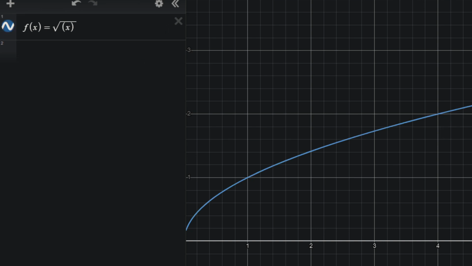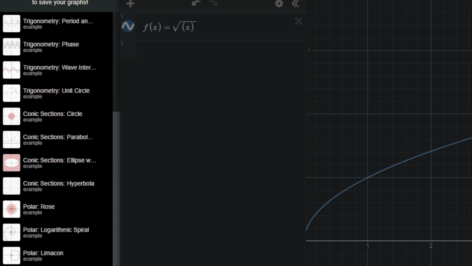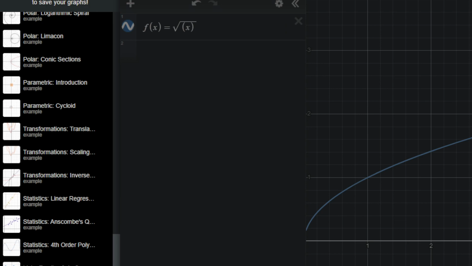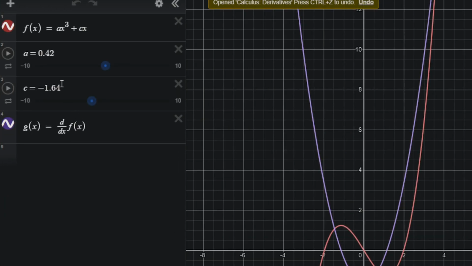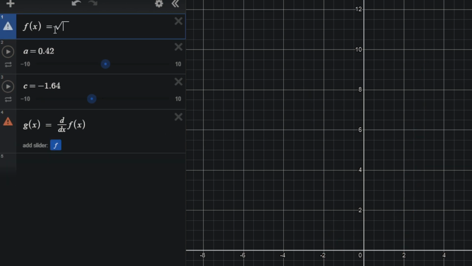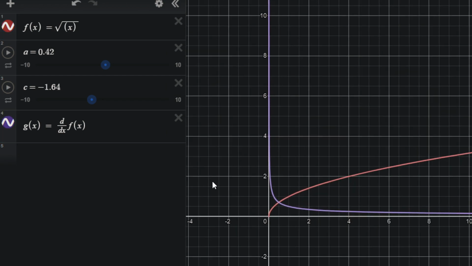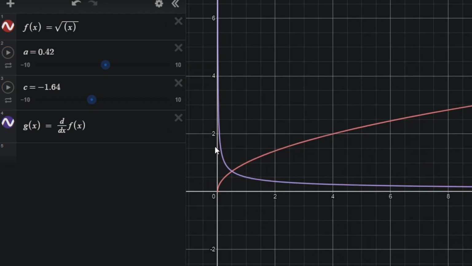Okay, one of the examples on this site is for derivatives. So we can go ahead and look at that. If I just change this to the square root of x, then you can see it does give us a graph of the derivative function.